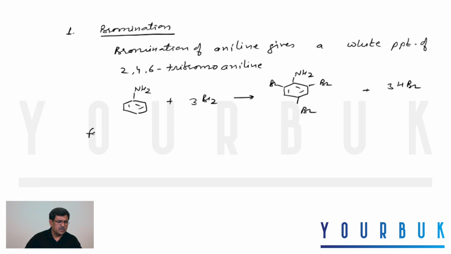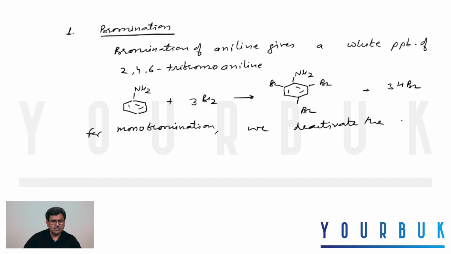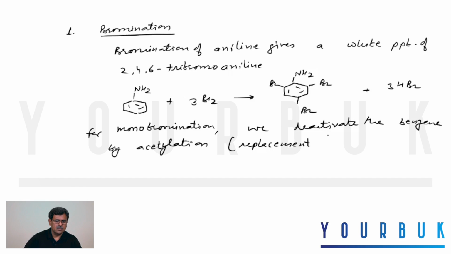And for monobromination, to introduce one bromine, we deactivate the benzene by acetylation. Acetylation means replacement of hydrogen of NH2 group by COCH3 using acetyl chloride.